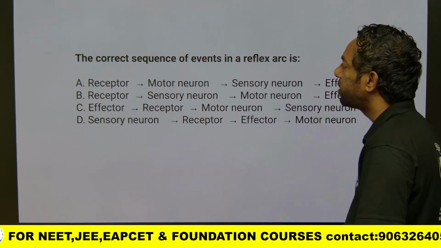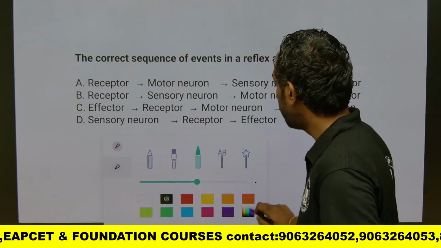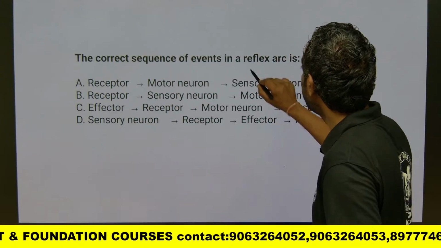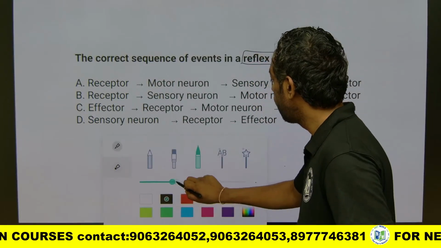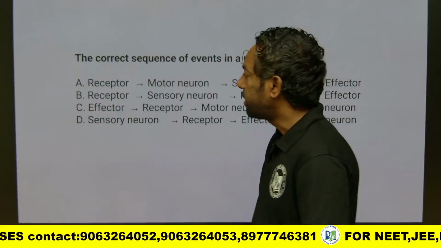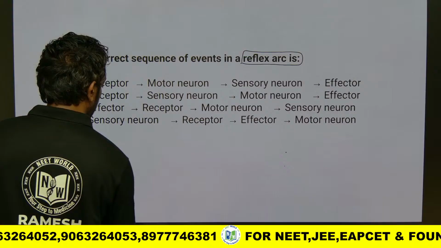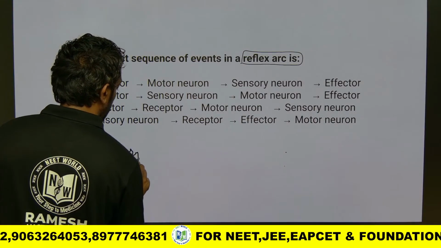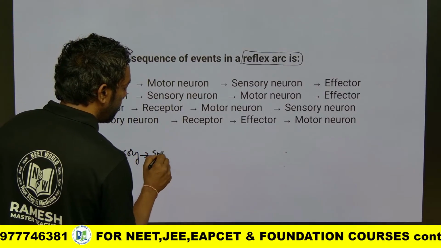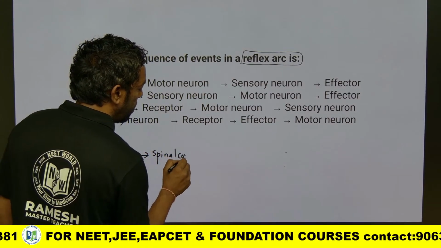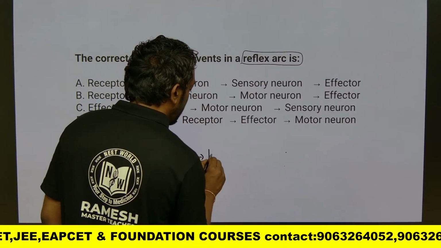The correct sequence of events in the reflex arc is what? First the sensory signals are carried forward into the spinal cord, and from the spinal cord they can reach the brain.